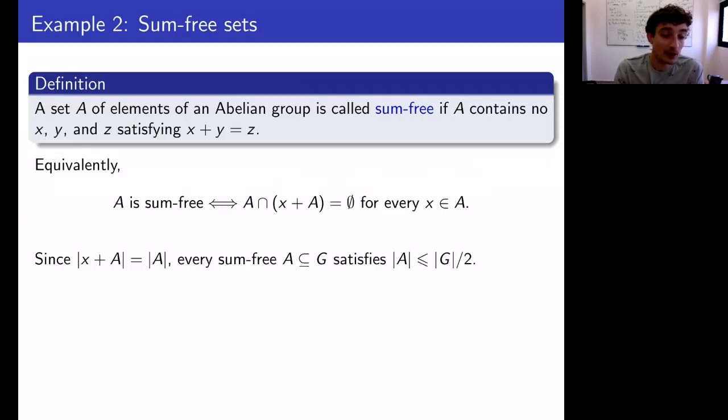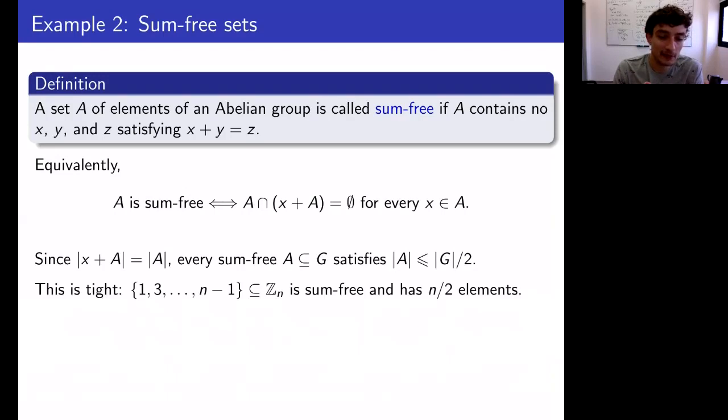Since any shift of a set A has the same cardinality as A, then if A is a sum-free set, inside the group G I need to find at least two disjoint sets of the same cardinality as A, namely A and any of its shifts, which must be disjoint from A. And this implies that in any group, the largest size of a sum-free set is at most half of the elements.